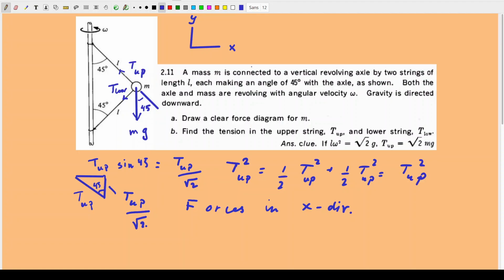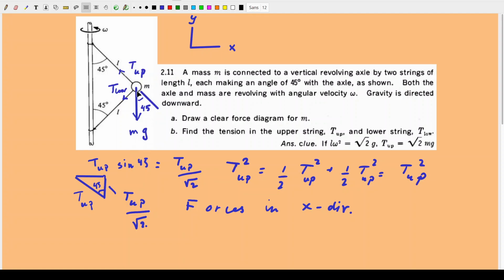Yeah, that's the question, isn't it? So here is the x direction. And you can see the gravitational force mg is in the negative y direction. So that is certainly not the x direction.